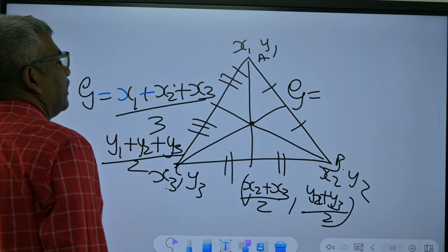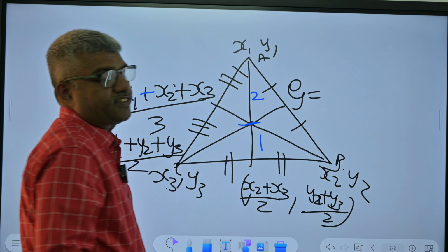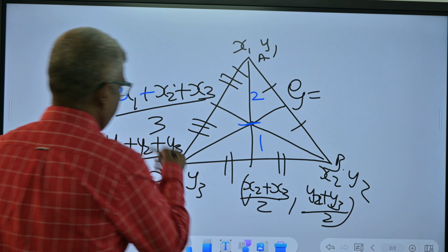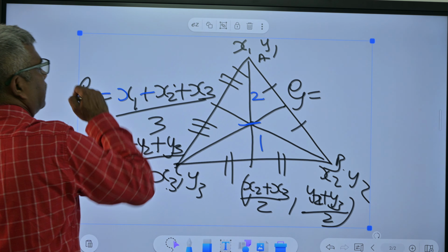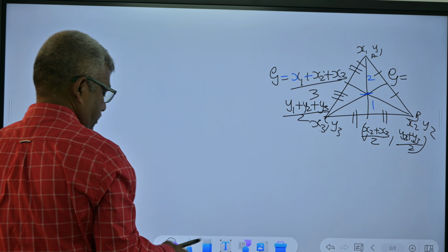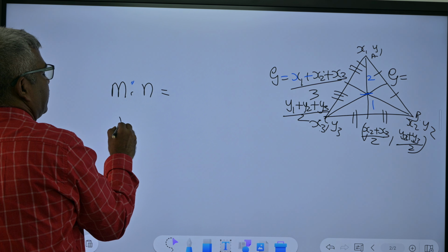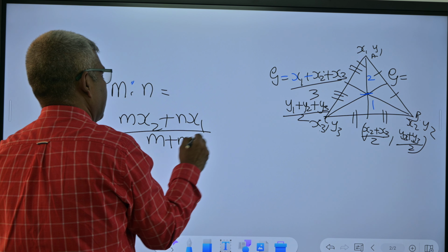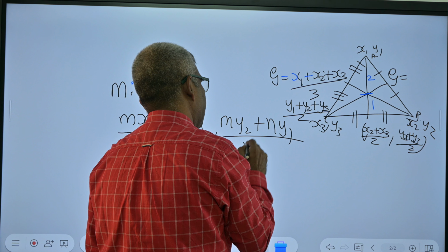Now what is this ratio? This is 2, this is 1. How to find this point? What is the formula? M is to N divides the ratio: mx2 plus nx1 divided by m plus n, my2 plus ny1 divided by m plus n.